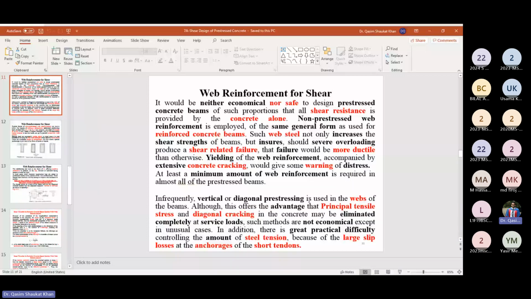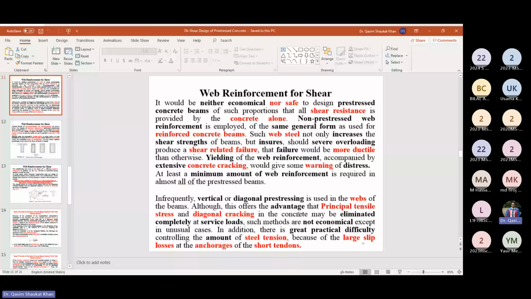Although this offers the advantage that the principal tensile stresses and diagonal cracking in the concrete may be completely eliminated at the service loads, such methods are uneconomical, and in addition they are not viable, impractical.